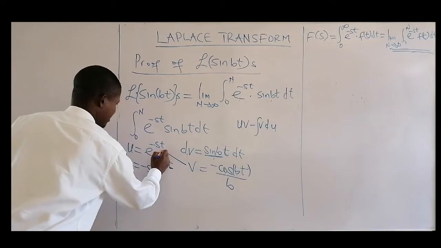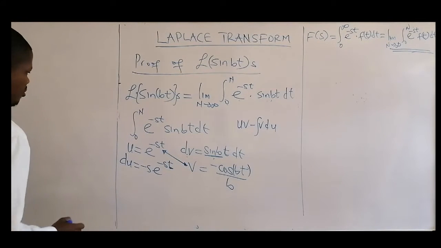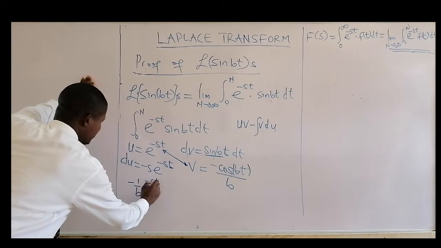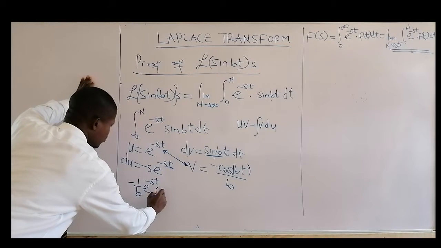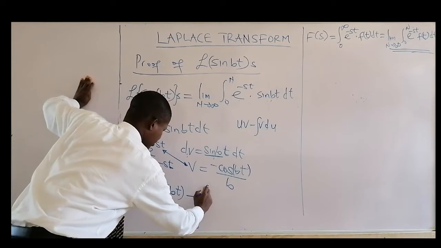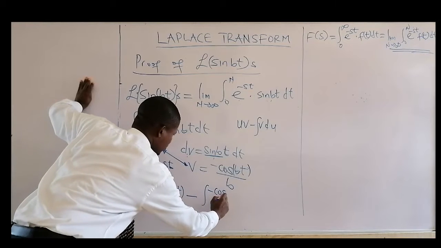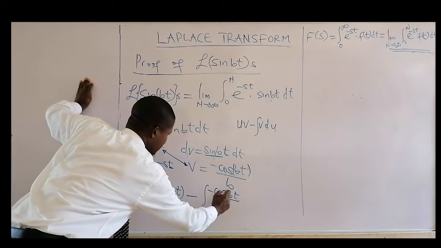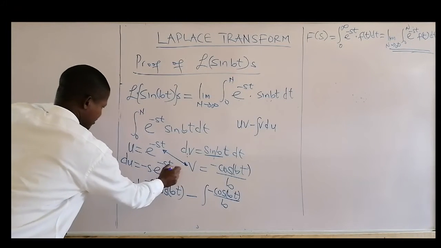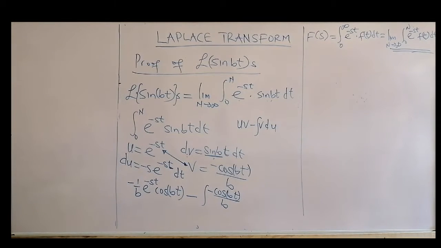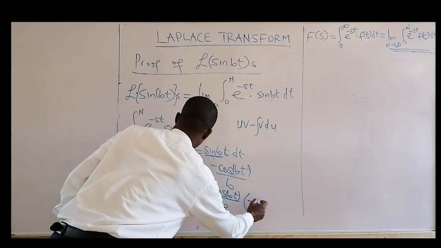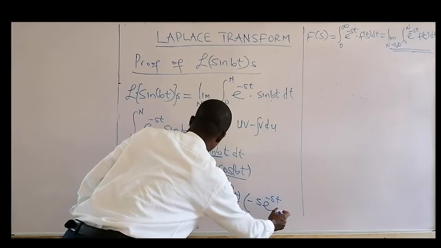So this is my uv. Multiply these two, uv will be equal to minus 1 over b e to the minus st cos bt, then minus the integral of v, which is minus cos bt over b, then the u, which is e to the minus st. We can bring it together with minus s dt.